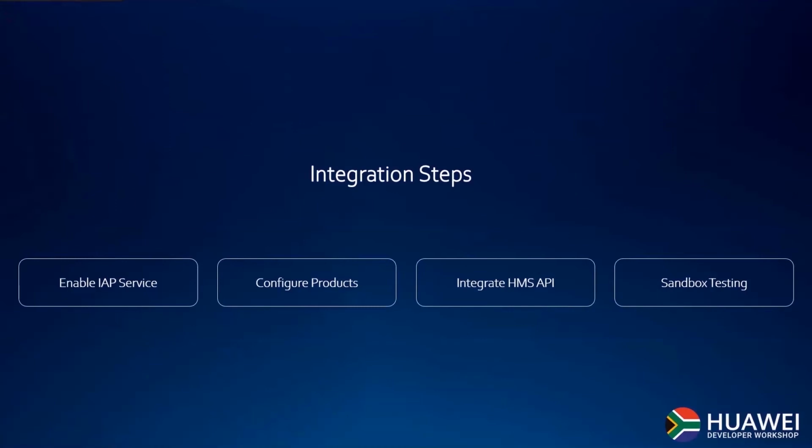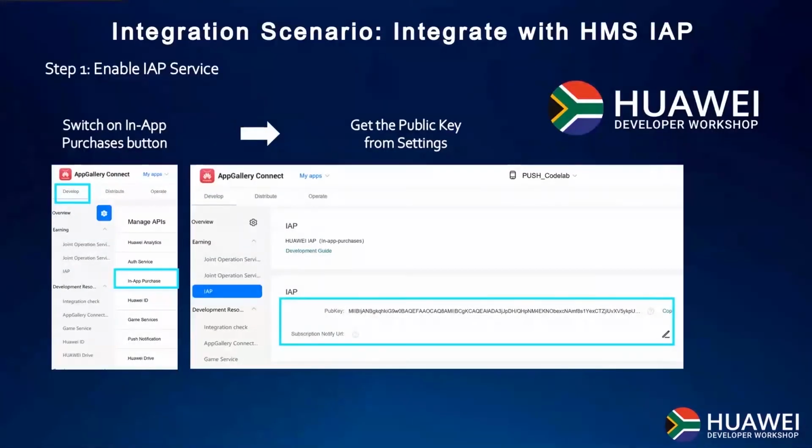Then you do the coding, which is the integration, and then you can use the sandbox testing to check your code. On App Gallery console, this is where you would do the configuration, and you have to copy that public key because you're going to use it in your code to do authentication with the IAP service.